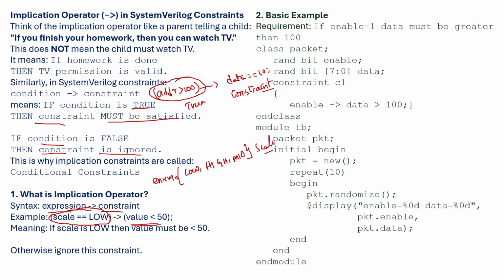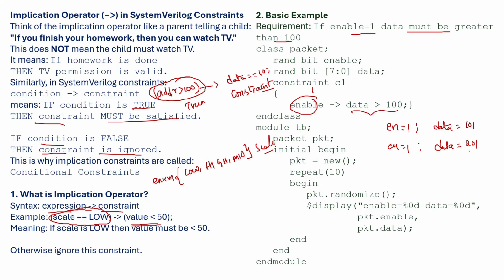See, if enable equal to 1, then data must be greater than 100. That means your enable should be 1 only, and you will get a data value greater than 100. So I will get the output like this: enable equal to 1 and data equal to 101, or enable equal to 1 and data equal to some 201.